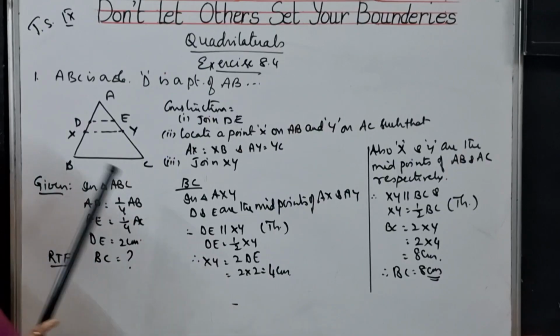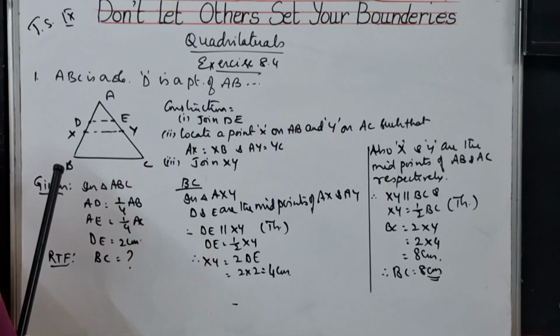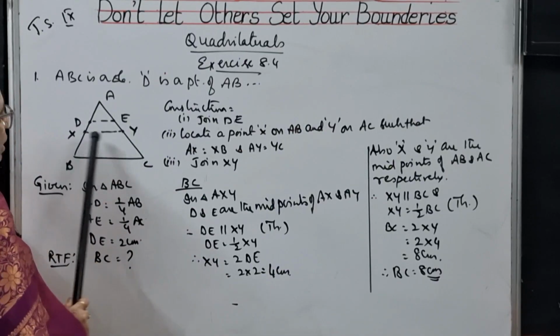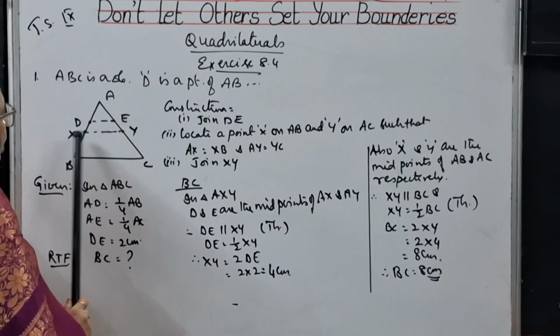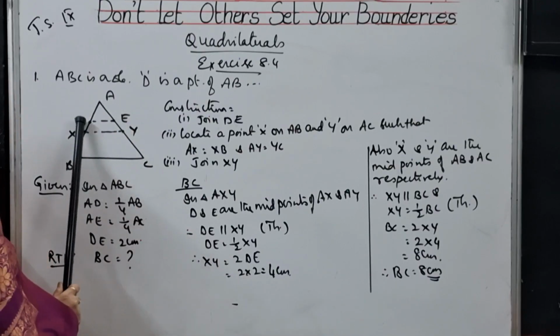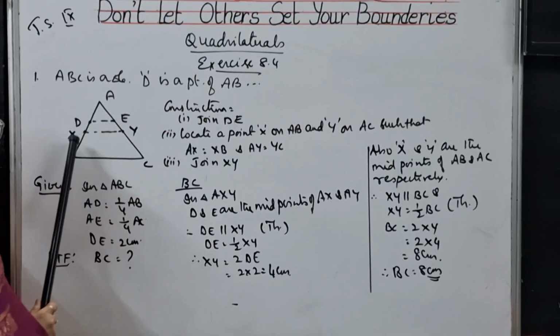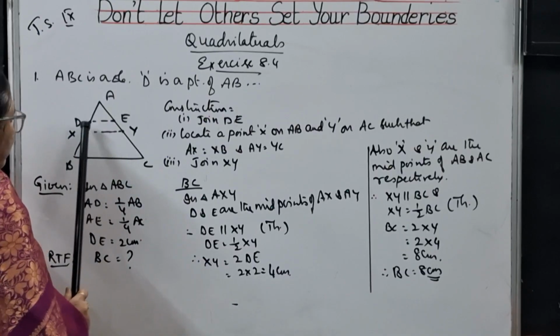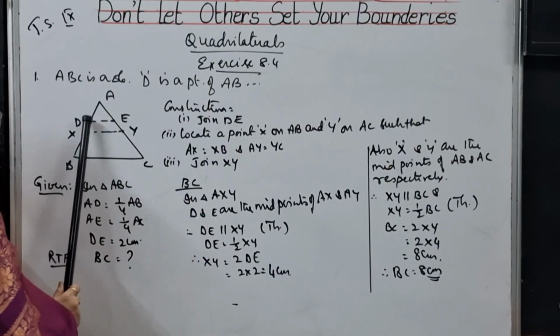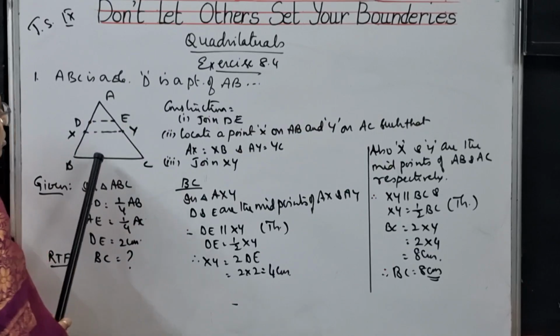Now, how do we find out BC? First, you take triangle AXY. In this triangle AXY, D and E will be the midpoints. Why? Because AD is 1/4 of AB, AX is half of AB. So definitely D and E are the midpoints.